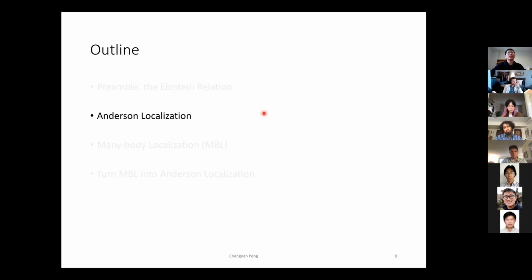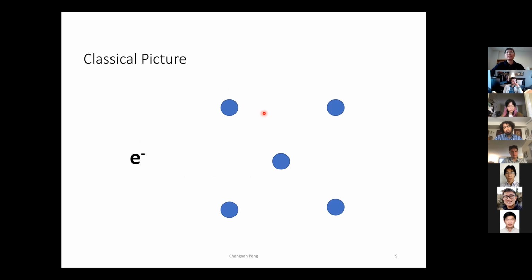So let me go into Anderson localization. Here is a classical picture of a solid which has atoms in it, and an electron might bump into an atom and scatter.